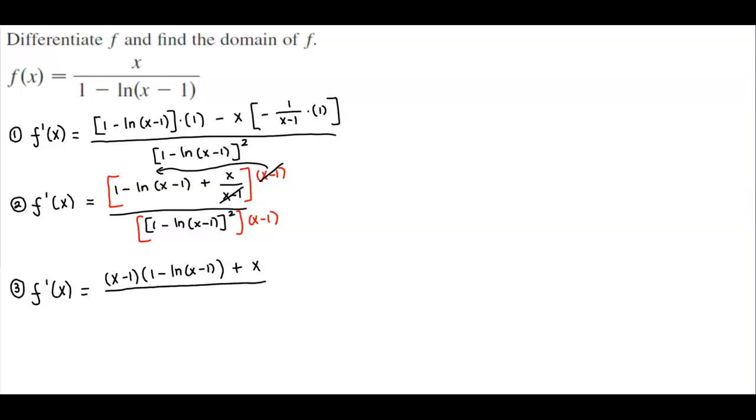And then we're going to divide that by x minus 1 times 1 minus the natural log of x minus 1 squared. So now we're going to distribute this x minus 1 to this one and then to the natural log of x minus 1.